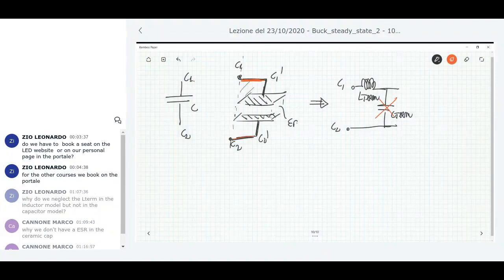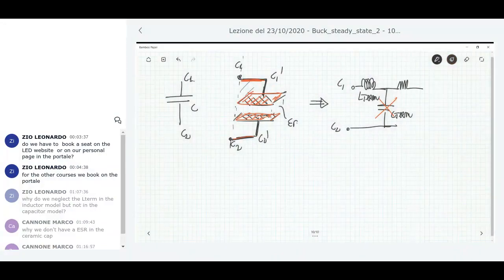Then you have a large plate, especially if you are using a large capacitor with a very large value, this plate can be very large, and so that means that your metallic plates are very large, they bring a very huge resistance with them.